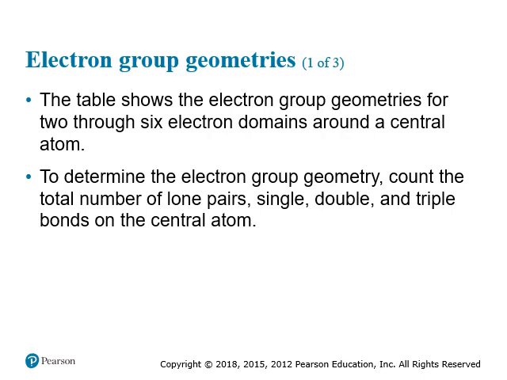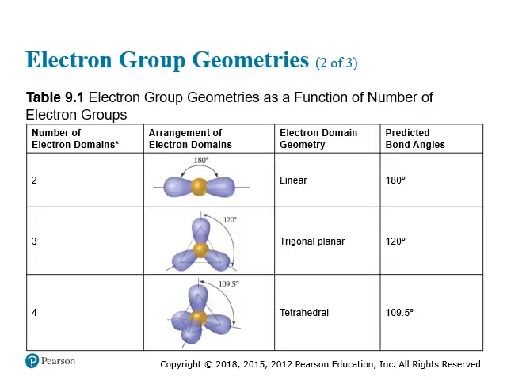In order to determine the electron group geometry, we need to count the electron groups around the central atom. Now, once again, remember that an electron group is the same as an electron domain, so those terms can be used interchangeably.